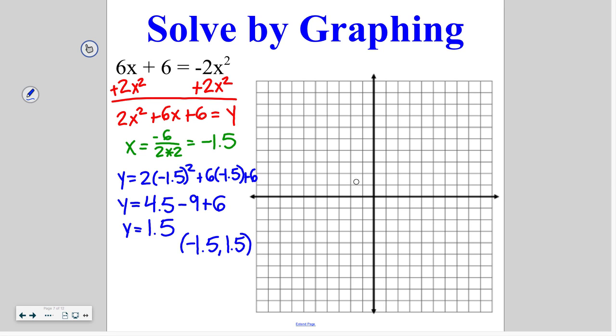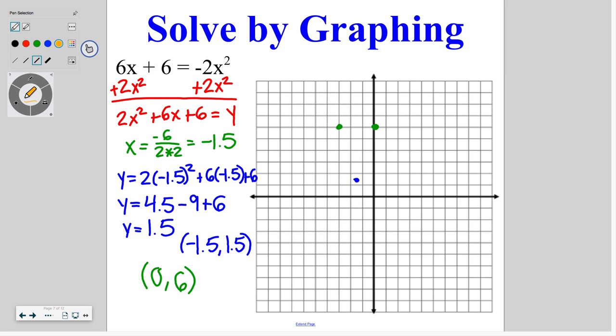Coming over to the graph, left 1.5 and then up 1.5 gives me my vertex. Then I'm going to go ahead and find that y-intercept, which is going to be 0, 6. Put that on my graph by going up to 0, 6. Using that symmetry, I'm going to mirror across and get a symmetry point of negative 3, 6.